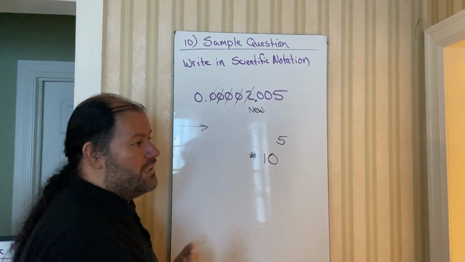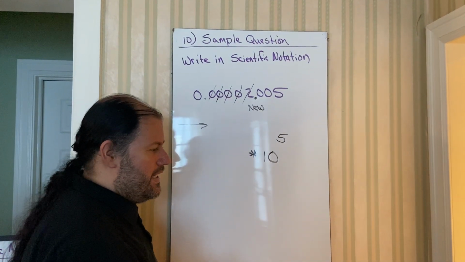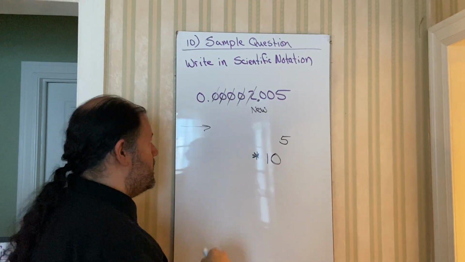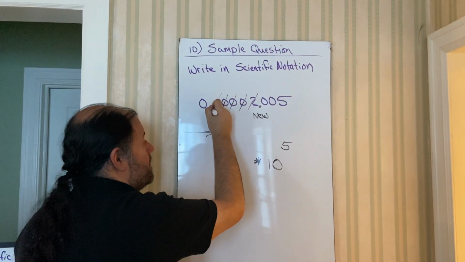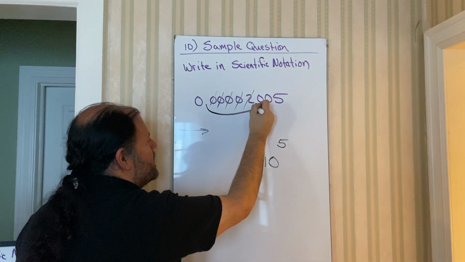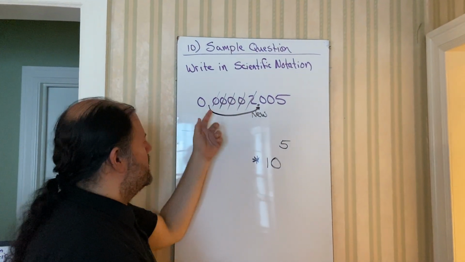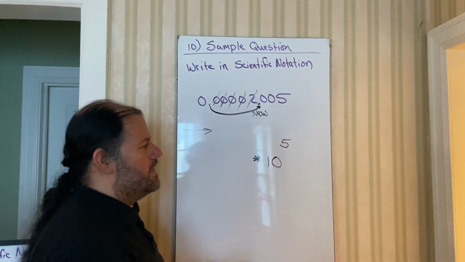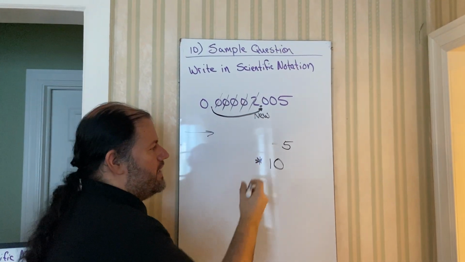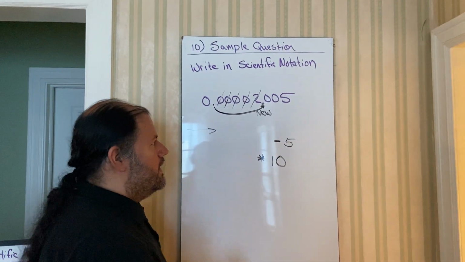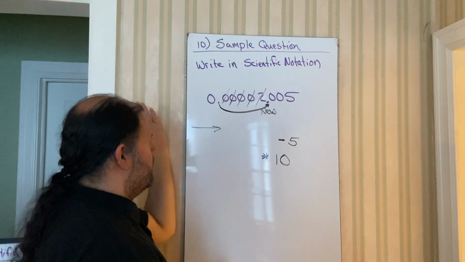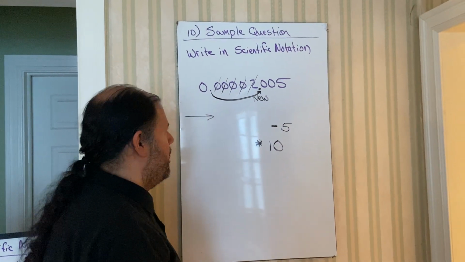Then let's figure out, is it going to be a positive exponent or negative? Well, let's see how we moved the decimal point. We started here, but we moved it to the back, to the rear. So because we moved it backwards, this has to be a negative exponent, right? If you moved it to the front, then you use positive.